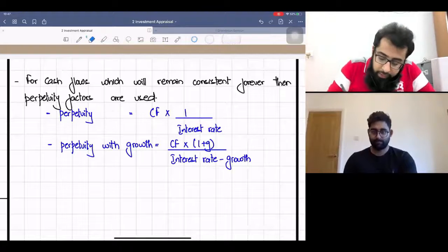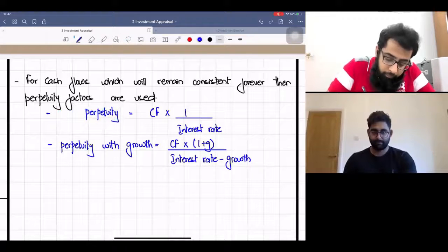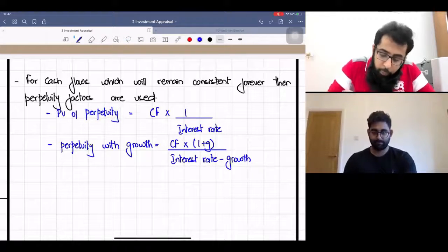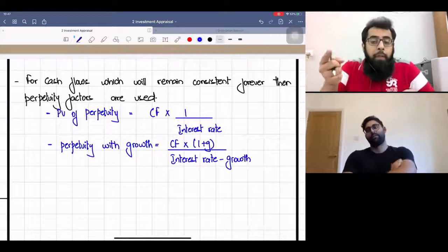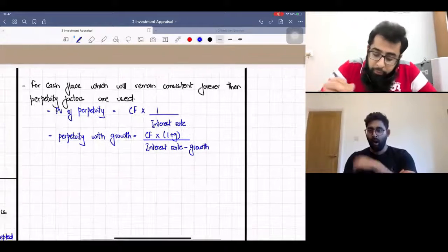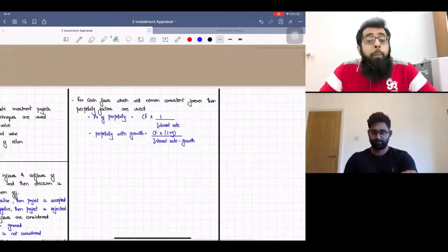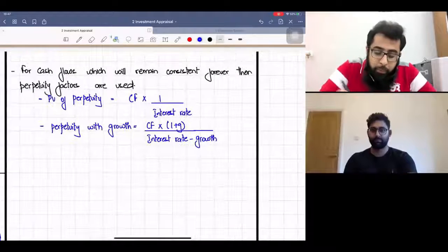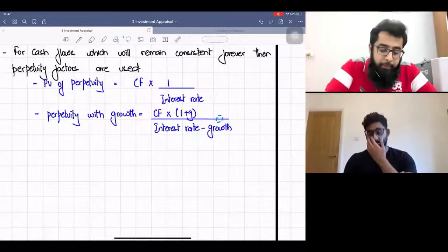And for perpetuity with growth, you will use 1 plus growth, and in the denominator you will remove growth rate from the interest rate. Okay, because the basic reason is that some portion of your cost of capital will be financed through the growth rate, so we remove the growth rate percentage from our cost of capital.